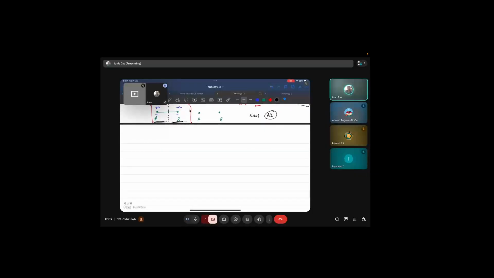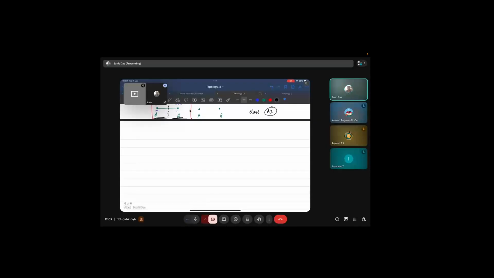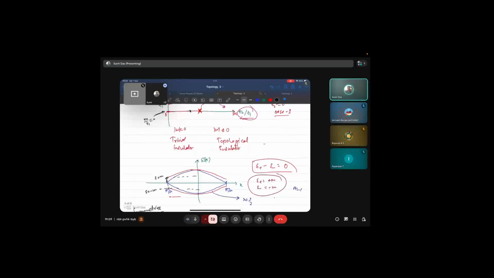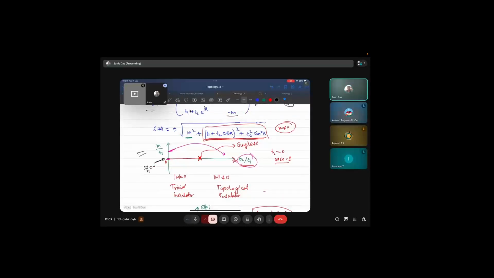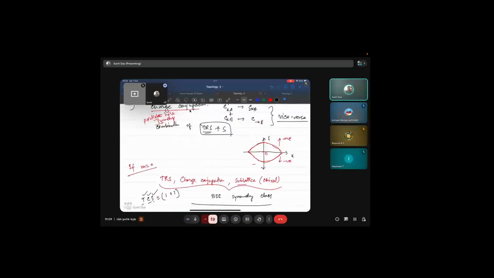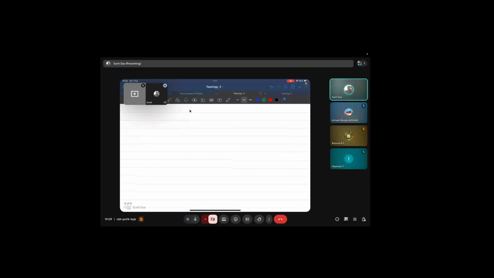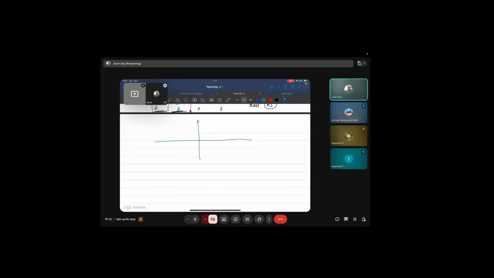So what really happens is that if we redraw this diagram, m versus T2 by T1, and then see the winding numbers, we have some finite m, and there is some transition point.